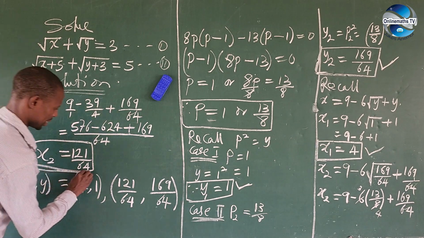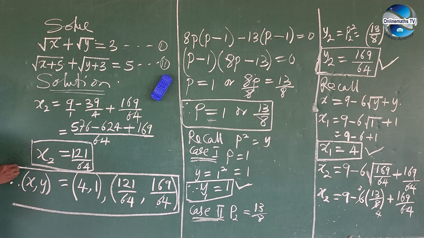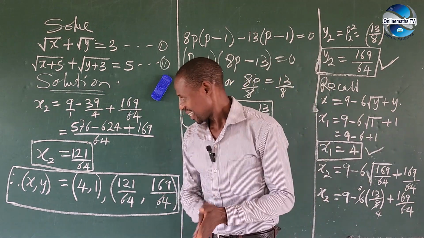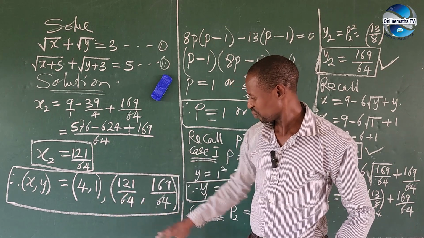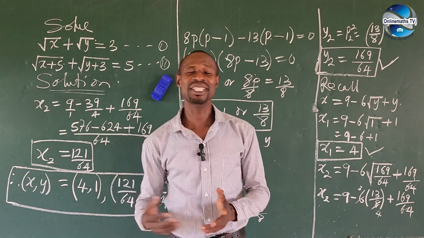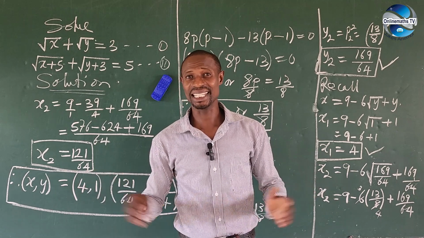So these are the pair of answers that will satisfy this Olympiad maths. So our x1, y1, x2, y2 gives us this. So this marks the end of this rhetorical challenge from Math Olympiad International.